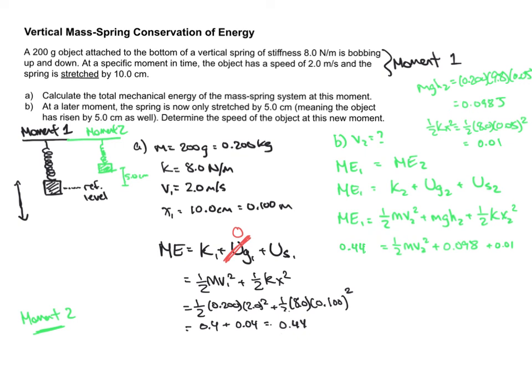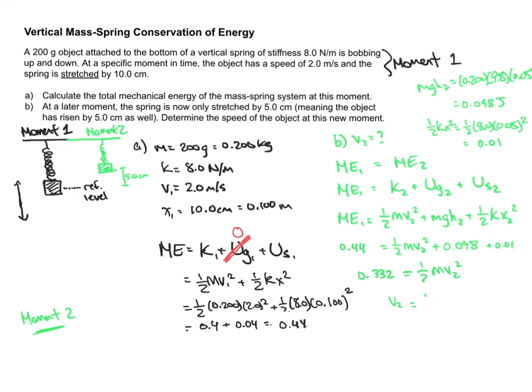Okay, so I'll go from there. I'm going to try to isolate for V2. I presume I'll start by subtracting the 0.098 and the 0.04 from the other side, giving me 0.332. And then I will multiply, well, let's do it all at once here.